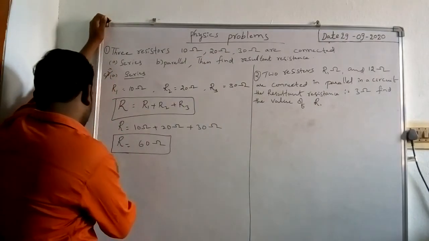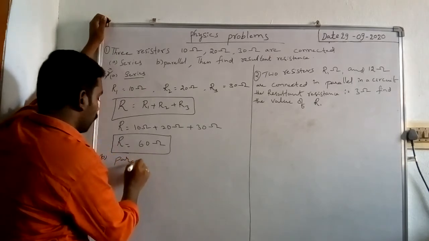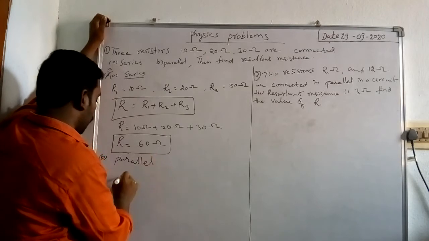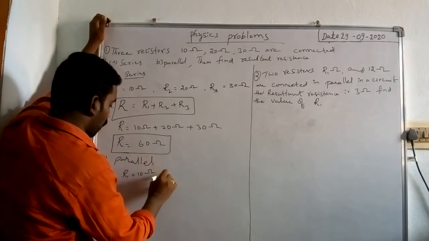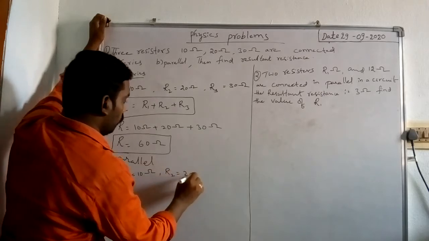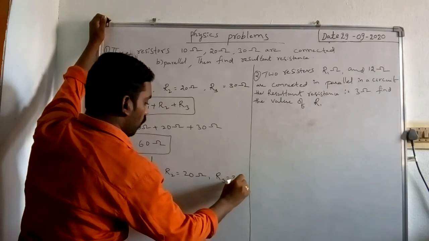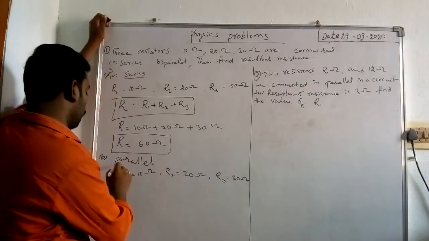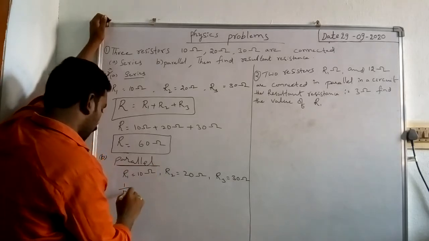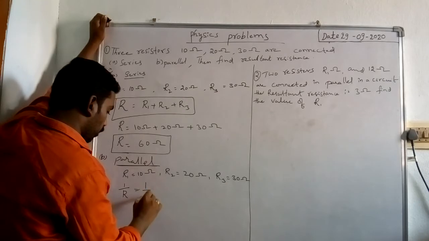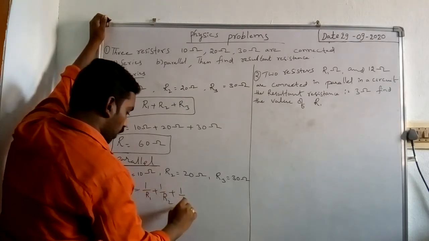Next, B, parallel. We know already R1 equal to 10 ohms, R2 equal to 20 ohms, R3 equal to 30 ohms. What is the formula for resistors in parallel connection? 1 by R equals 1 by R1 plus 1 by R2 plus 1 by R3.